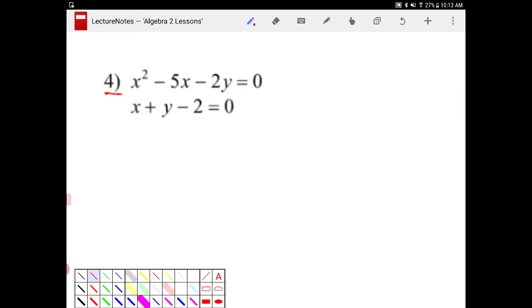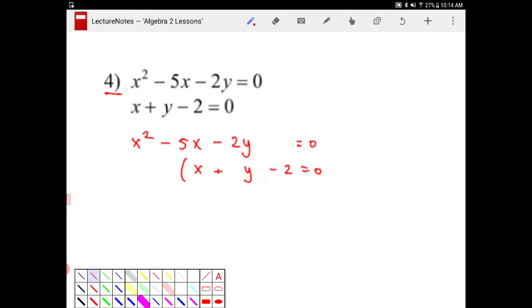In this case, everything's already brought to one side. I am just going to rearrange this a little more. I have x squared minus 5x minus 2y equal to 0. And then I have x plus y minus 2 is equal to 0.